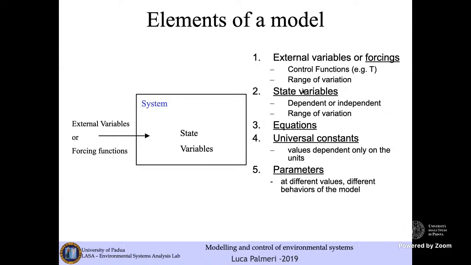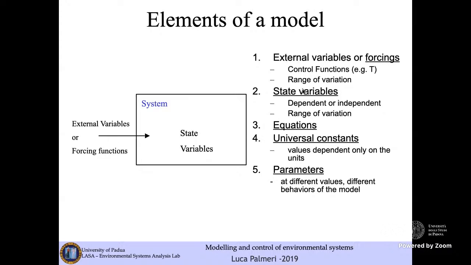As for the external variables, for state variables it is important to define a range of variability. Then the third element is equations, mathematical equations. Mathematical equations link external variables and internal state variables.